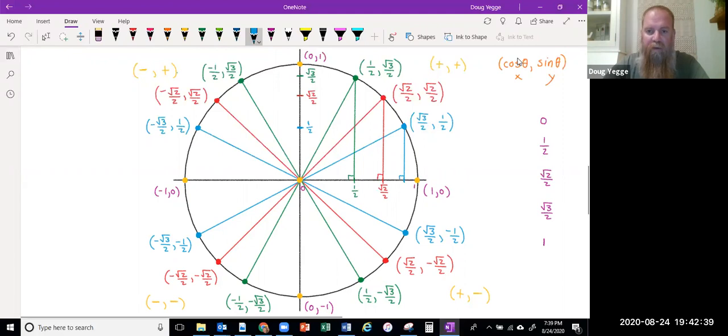So we should see that there's only really 3 ratios that we have to remember in order to find any trigonometric function on the unit circle. And these are the most special angles that show up regularly.